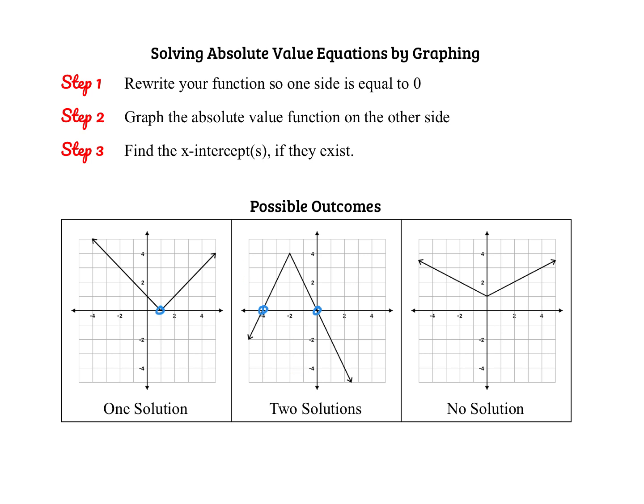But it is also possible to have no solution for these types of equations. So if your vertex is above and it's facing up, or if your vertex is below and it's facing down. So these are the 3 outcomes to look for with these types of equations.